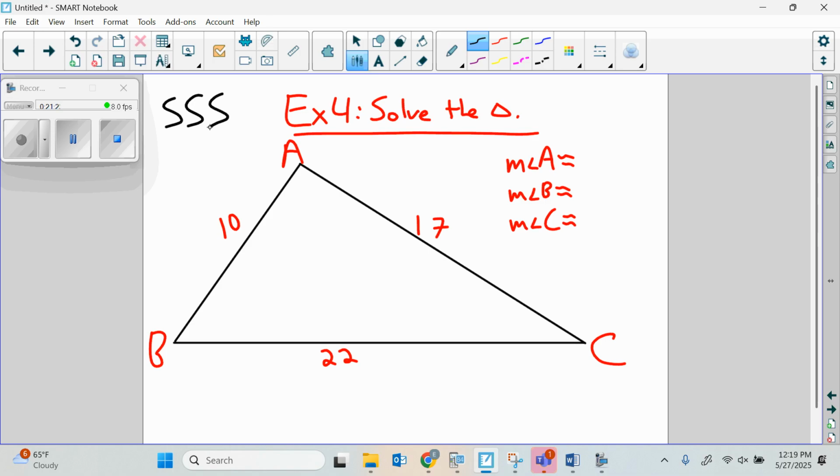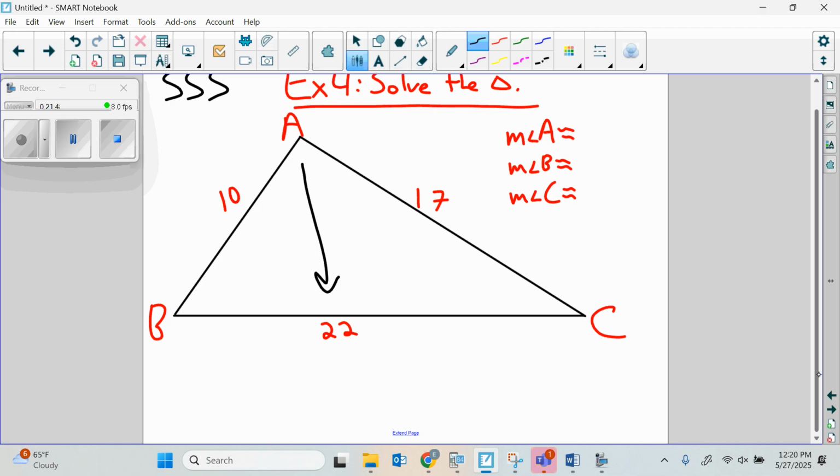Okay? So you can solve for any angle you want first. I'm going to solve for angle A first, because it comes first alphabetically. And again, to set up my equation, it's just really important to know these equations are all going to kind of look very similar, solving for A, B, or C. What's important is to think about what side is opposite from the angle I'm solving. If I'm solving for A, I see that 22 is opposite from there, right?